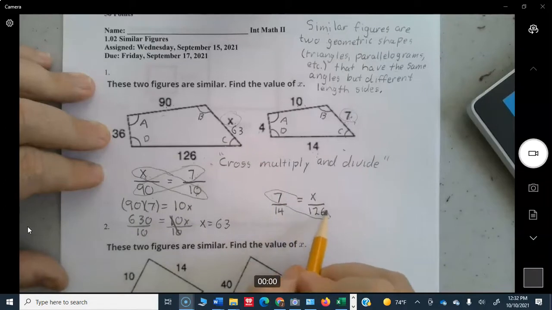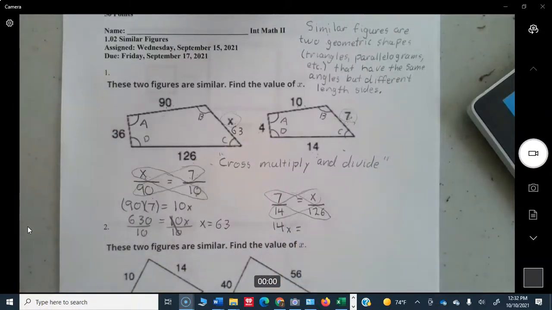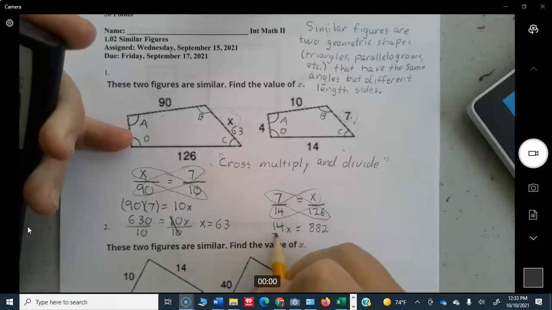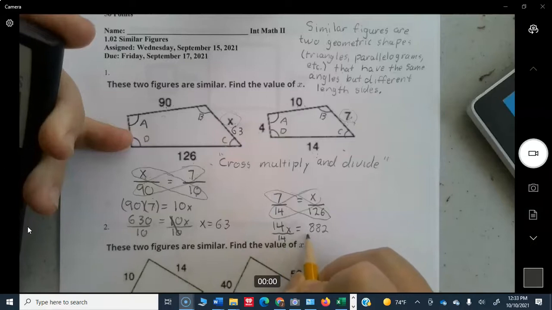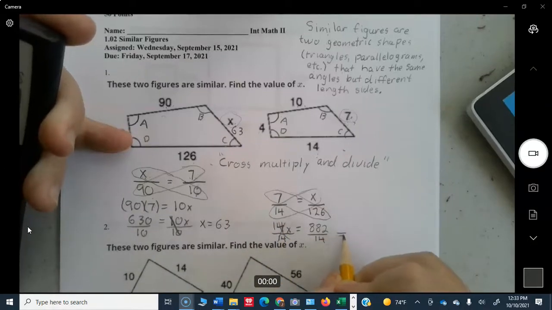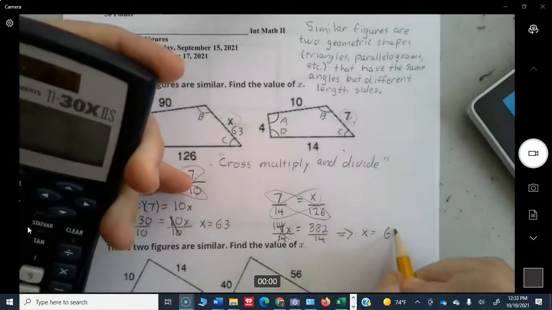Cross multiply, and you get 14x equals 7 times 126, I'm not going to try to do that in my head, it's 882. You now divide both sides by 14. These 14s cancel, and x equals 882 divided by 14 equals 63 for x.